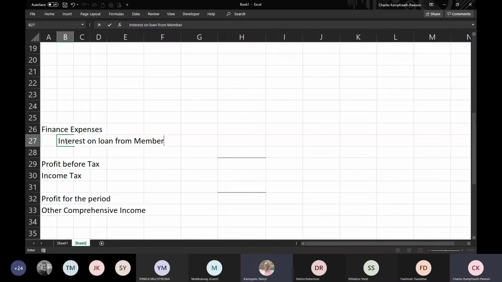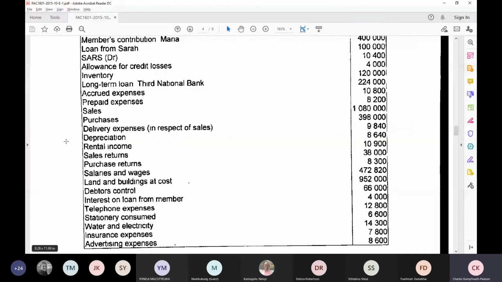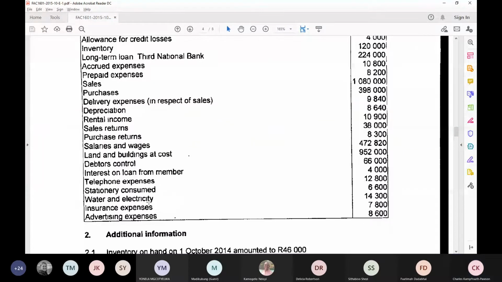So you have to read it very carefully, because we will get to the information now, but you must always read the information for what they are trying to tell you. So if they give you the information to calculate the interest, almost like Delisha's question earlier on the cost of sales, it wouldn't do harm in recalculating it. Why are they giving you all the information to recalculate? Because they would want to see, do you know that it can either be an accrued expense or a prepaid expense, for instance.